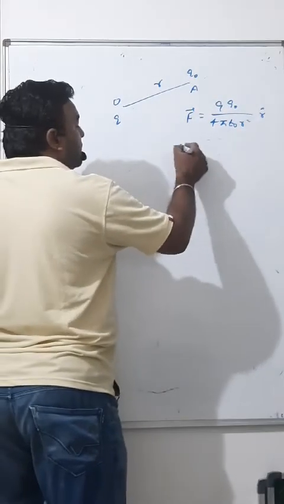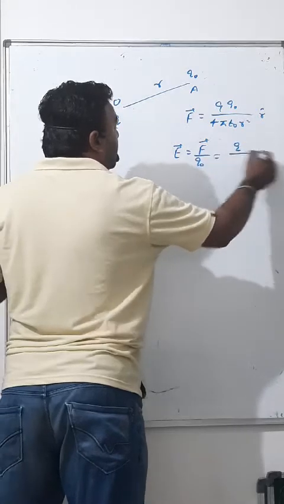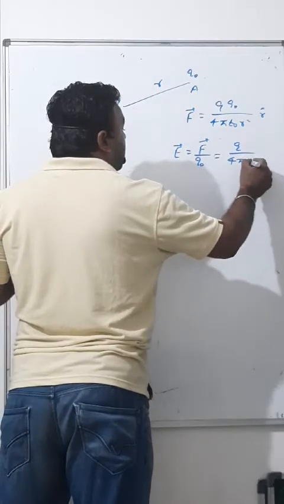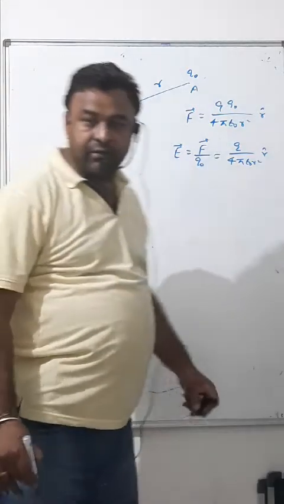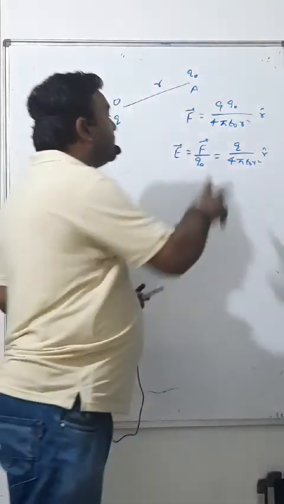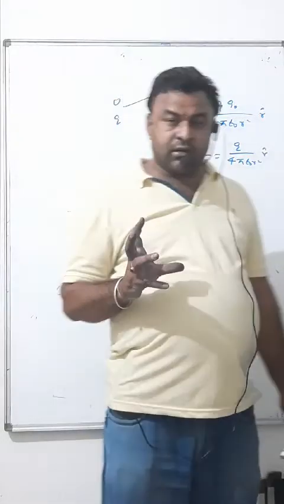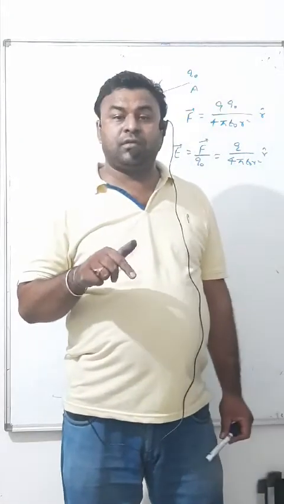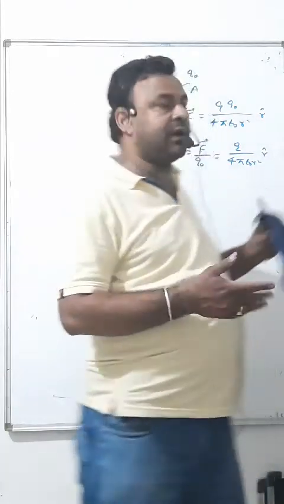Now E is defined as F by Q naught, which is Q by 4 pi epsilon naught R square, R cap. This is the value of electric field intensity. This is Coulomb's law. Now if I can derive Coulomb's law from Gauss theorem, then it is authenticated.